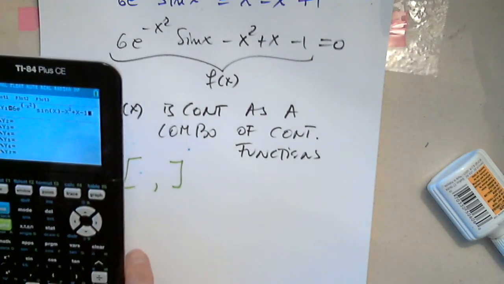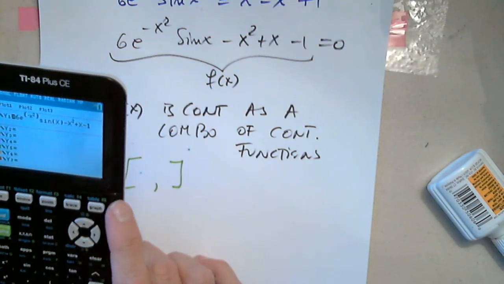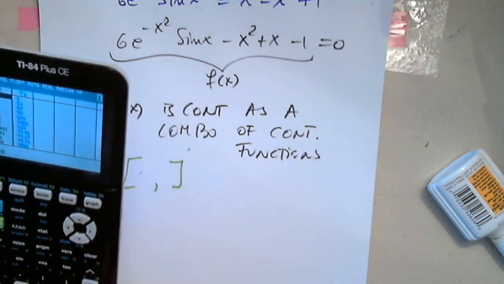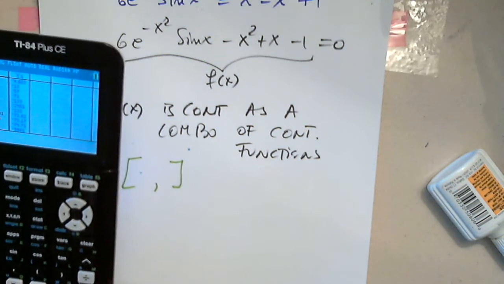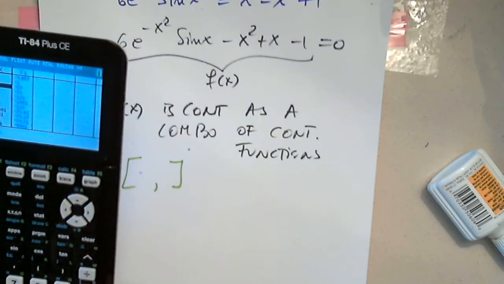So I put the function in, and I go to second and table, and I will try to plug in some numbers. So let's say -1, let's say 0, let's say 1.